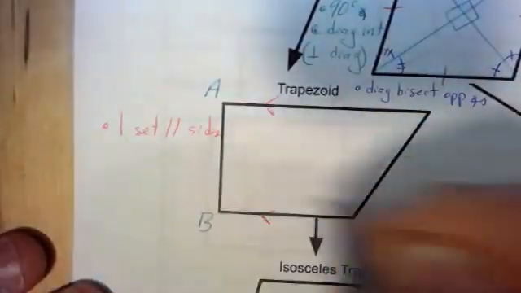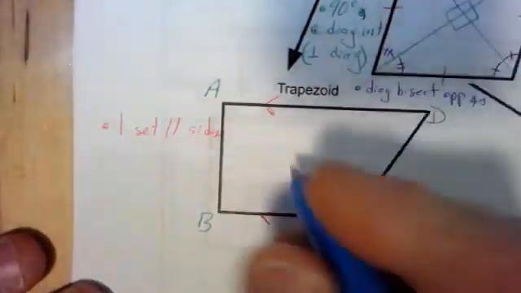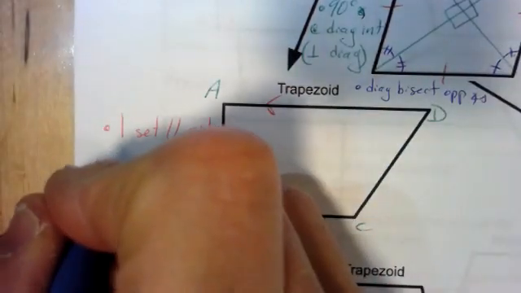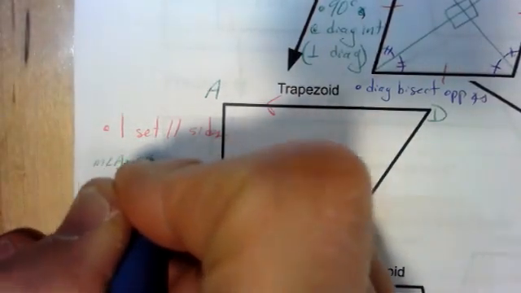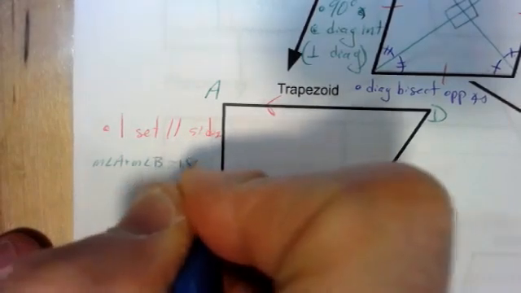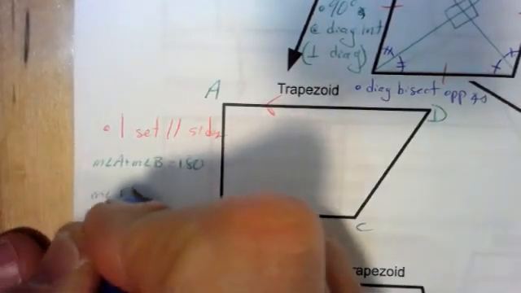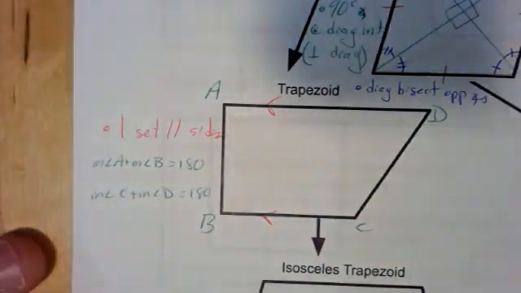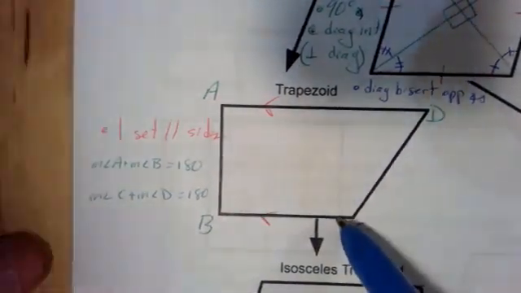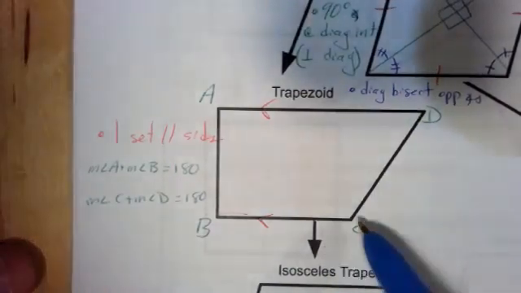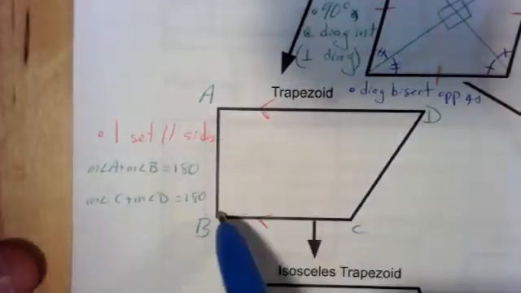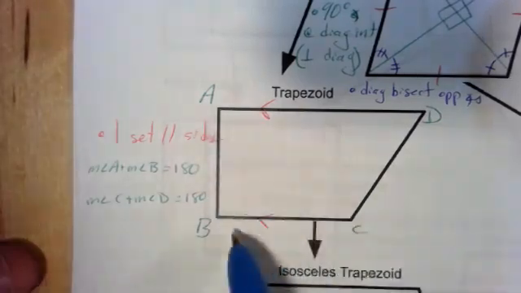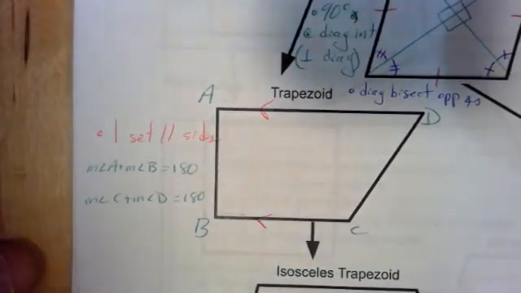So we'll call this trapezoid A, B, C, D. Then the measure of angle A plus the measure of angle B equals 180, and the measure of angle C plus the measure of angle D also equals 180. We know that because they're same side interiors with our transversal and our parallel sides. Okay, so that's what we have for our trapezoid.